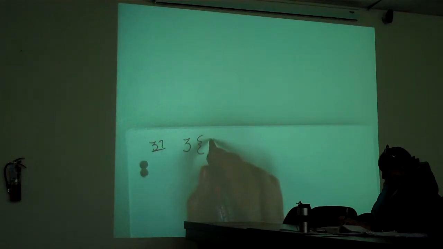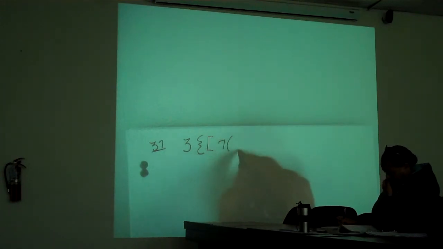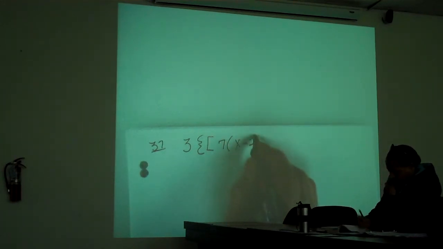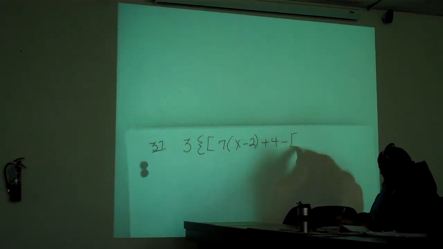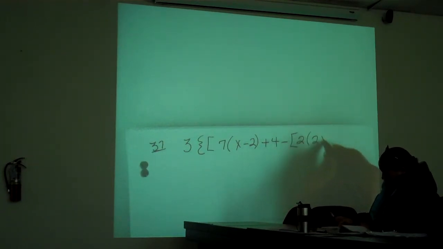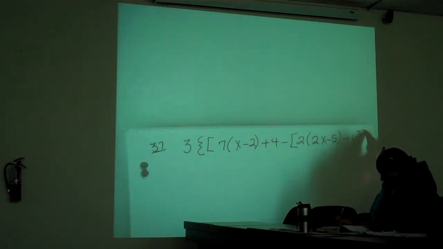Then it has a bracket, 7, parenthesis, x minus 2, parenthesis, plus 4, minus bracket, 2, parenthesis, 2x minus 5, parenthesis, plus 6, bracket, and then a squiggle.